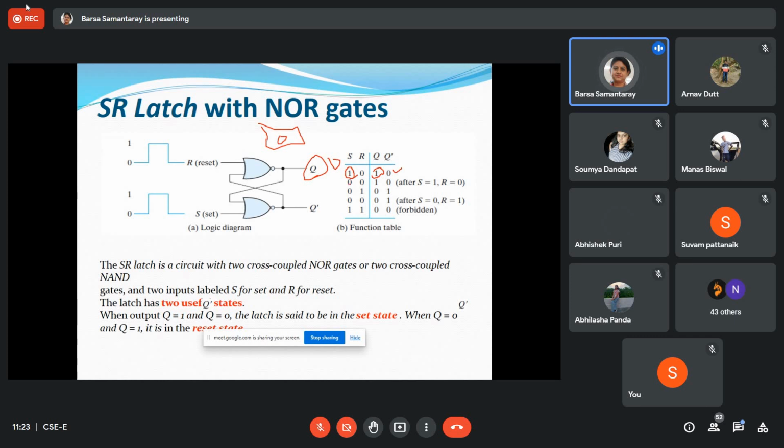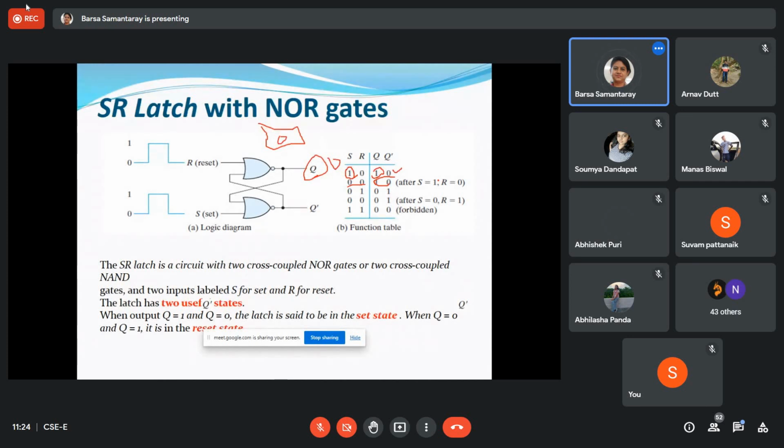With this condition, when we applied 0, 0, that is, the earlier condition was 1, 0 for Q and Q dash, and in the same condition we changed the S R values to 0, we saw that if previously it was 1, 0, it is still 1, 0. That means we can conclude that when both inputs are 0, there will be no change. Whatever the content in the memory, it will remain as it is.